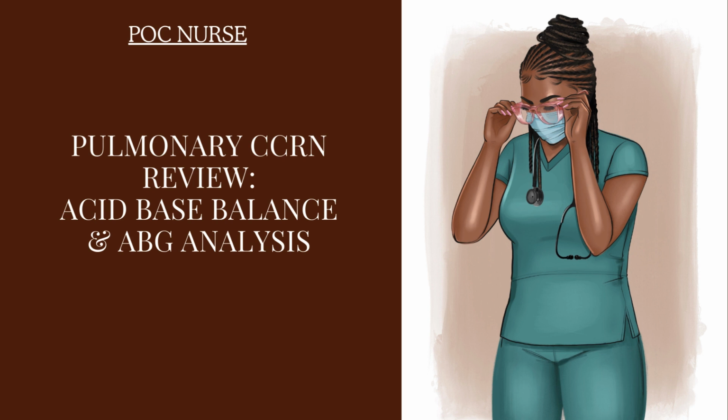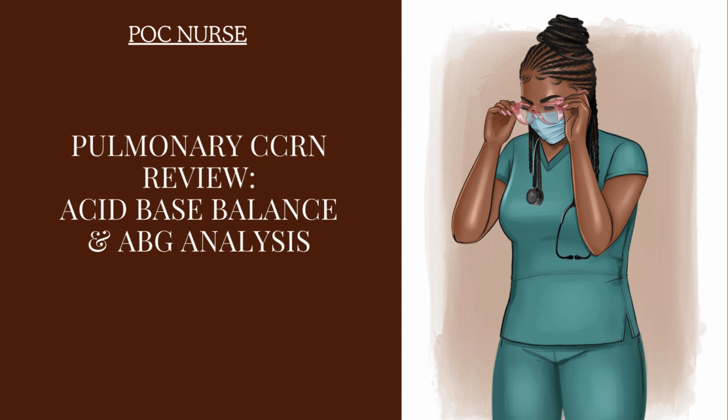So when it's uncompensated, the pH is abnormal. Either the respiratory or metabolic parameter is normal. One is normal and the other is abnormal. Nothing is compensated. The patient is acidotic or alkalotic, and one of the parameters, be it the respiratory or the metabolic one, is normal while the other is abnormal. Nothing is compensated. The pH is abnormal.